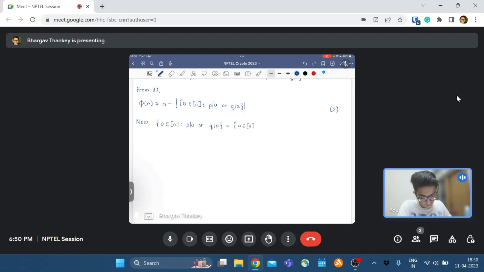Since there is an or over here, it's a union of these two sets: A in the set such that P divides A, union A in the set such that Q divides A, from the inclusion exclusion principle.